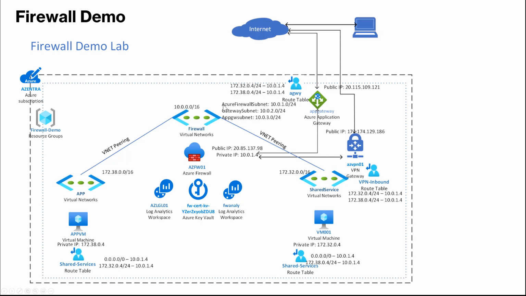You require it with this same naming; the name matters here. Then I have a gateway subnet that is being used for my VPN gateway. Again, the name has to be exactly the same. And the third one is the app gateway subnet. Again, the name matters here, and that is being utilized for the application gateway.